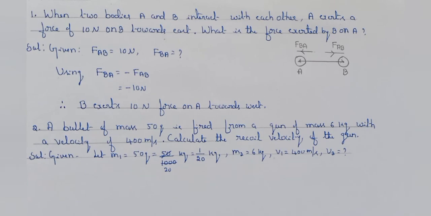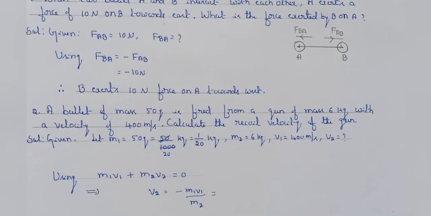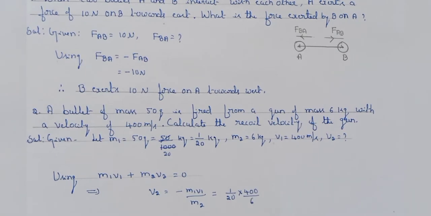Here we can use m1v1 plus m2v2 is equal to 0. Next we can write v2 is equal to minus m1v1 by m2. m1 is 1 by 20 and v1 is 400 and m2 is 6 kg.